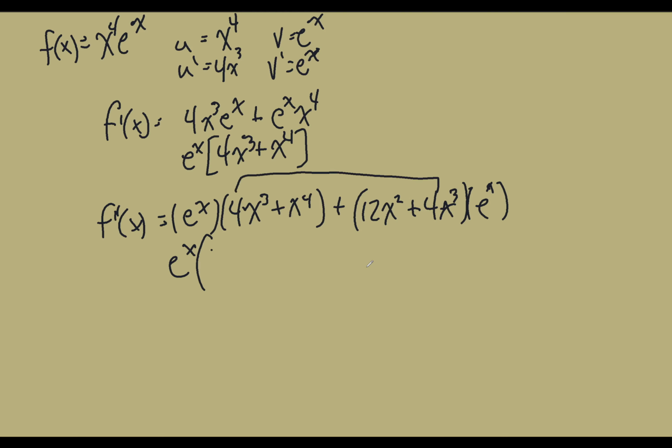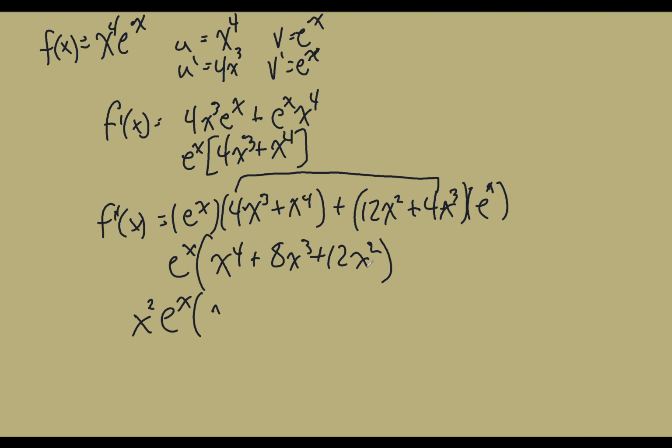These combine, so we get an x to the 4th. I see an 8x cubed and a 12x squared. So if I want to get real with it, we could take an x squared out. Sorry, that's incorrect.